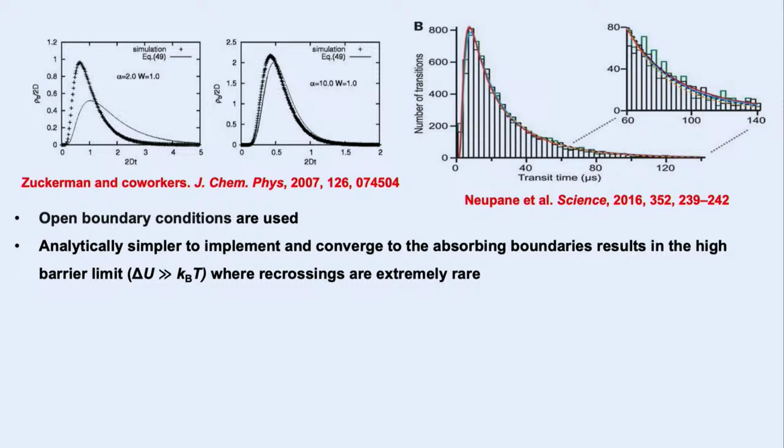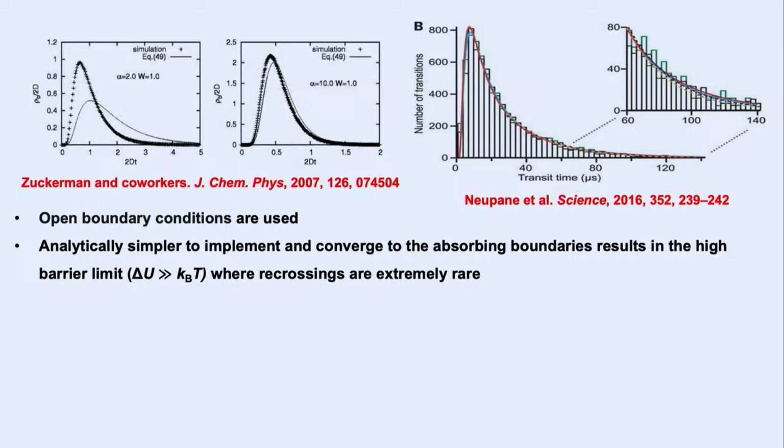Here, equation 49 refers to that expression, and what was found is that the agreement between the simulation and the theory became better for higher barrier heights, because analytically these results converged to absorbing boundary results in the high barrier limit, where recrossing is extremely rare.